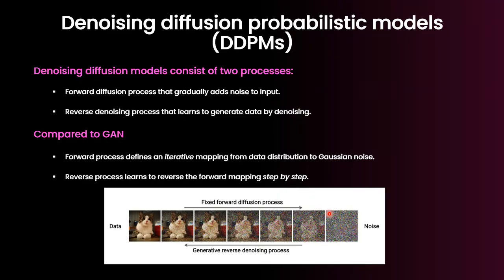As we will see later, this is what makes diffusion models slow at generation and at training, much slower than GAN networks, as you process the forward process iteratively and denoise the noise step by step.